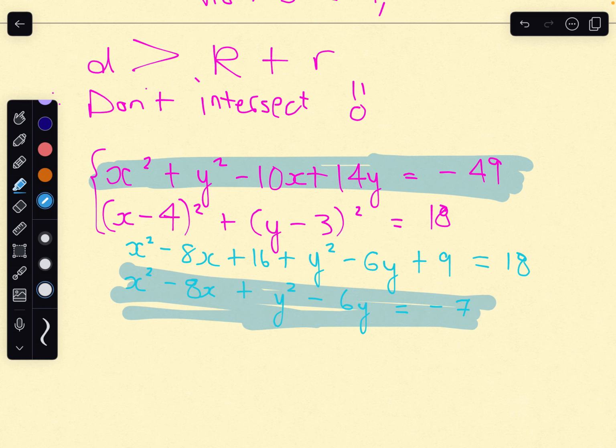Because both equations have an x squared plus y squared, we could eliminate to get a first equation, but then how do I get the second one?